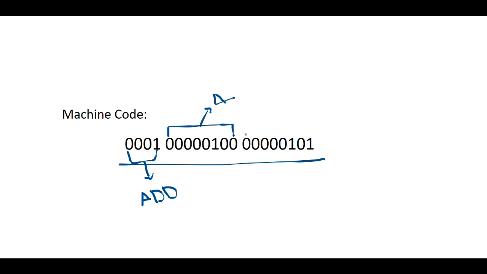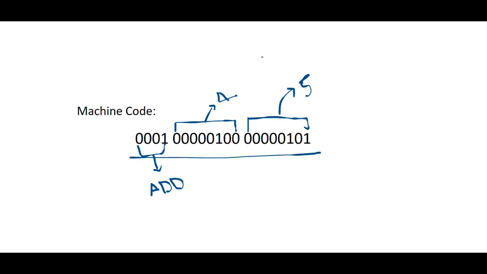Then the next sequence that follows represents the decimal equivalent of 5. So this sequence of zeros and ones simply conveys to the machine, via machine code, that we are going to perform an addition operation on numbers 4 and 5. That's machine language. Powerful for computers, but nearly impossible for humans to write comfortably.